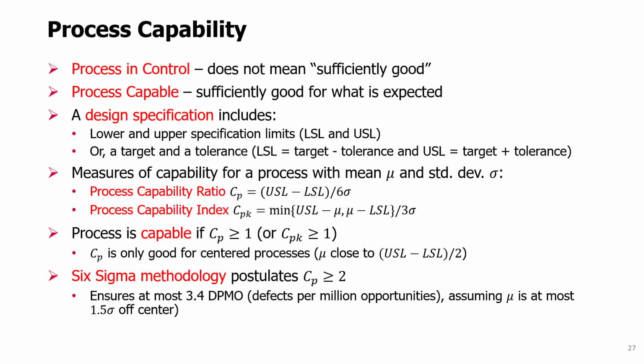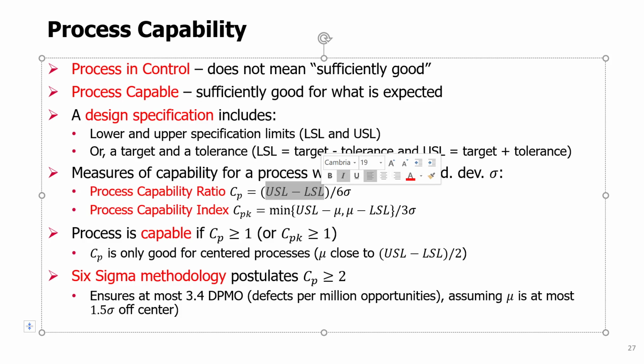So what does capability ratio or capability index actually mean? What I want you to see is that what we compare in the numerator is the distance between upper and lower specification limit, which is twice the tolerance. So we have 2 times the tolerance divided by 6 sigma, and if you simplify that, that's tolerance divided by 3 sigma.